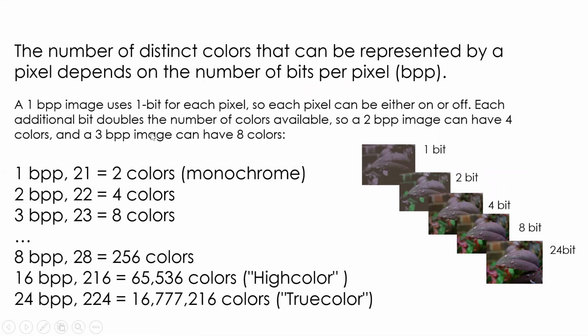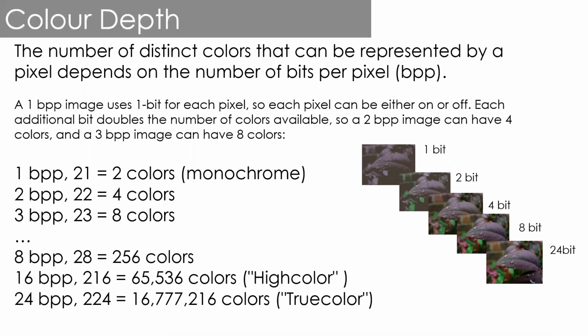So as we know, digital information is stored as bits and each bit has two values in binary language, 0 or 1. Therefore, the more bits per pixel, the more information will be stored.